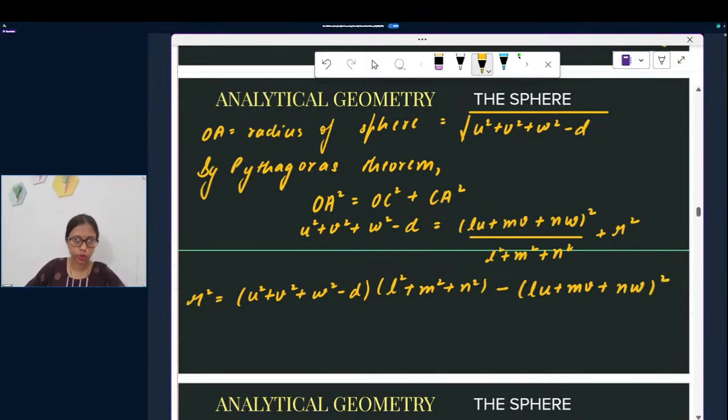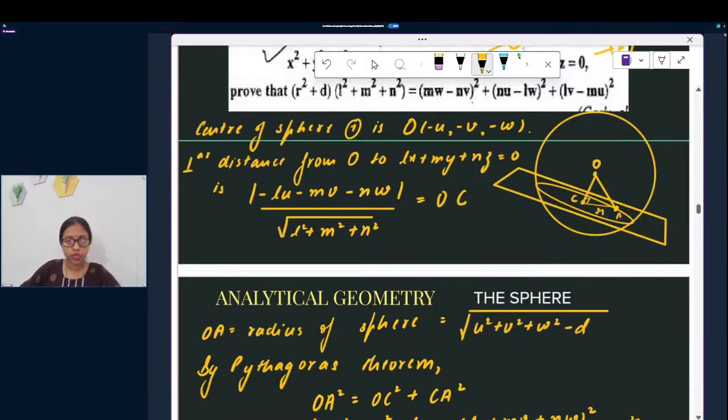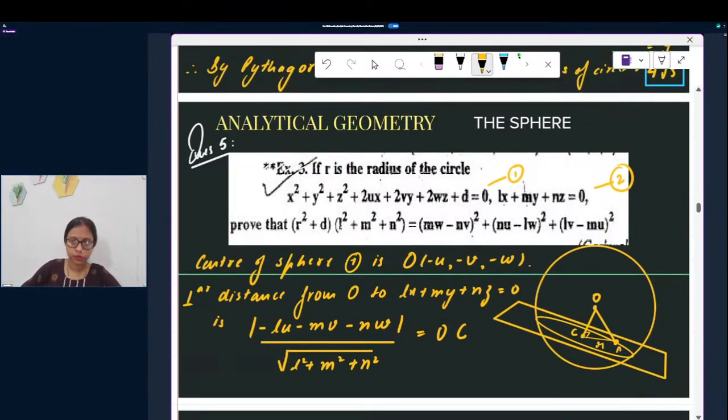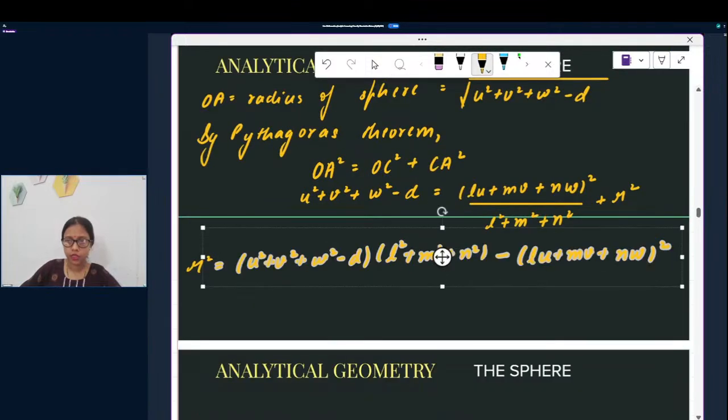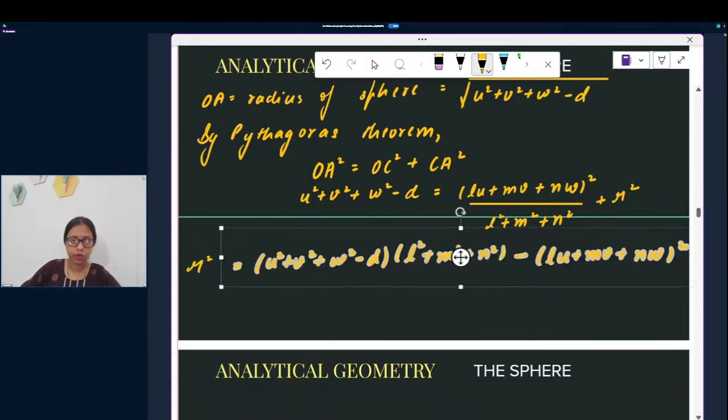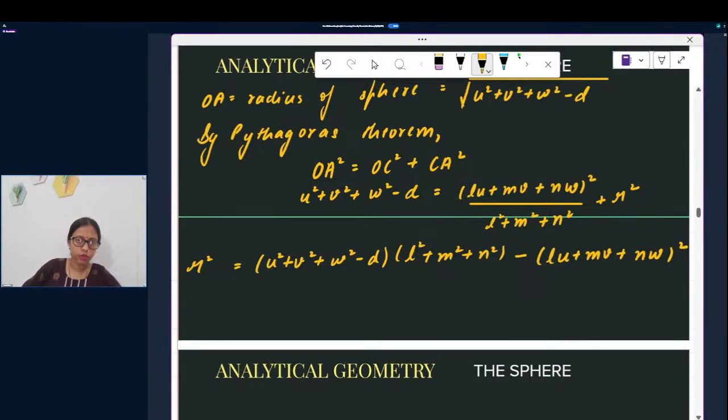Beta, that is your r square divided by L square plus M square plus N square. Let me multiply this r square also with L square plus M square plus N square.